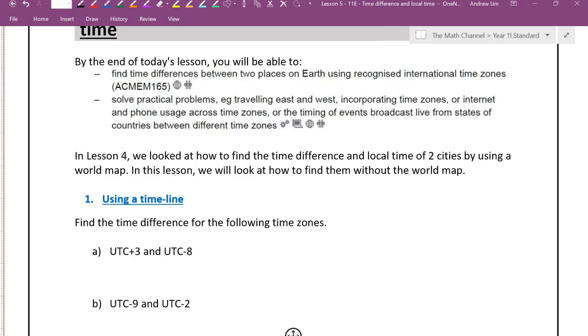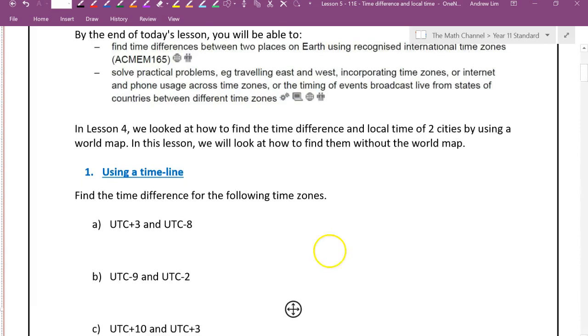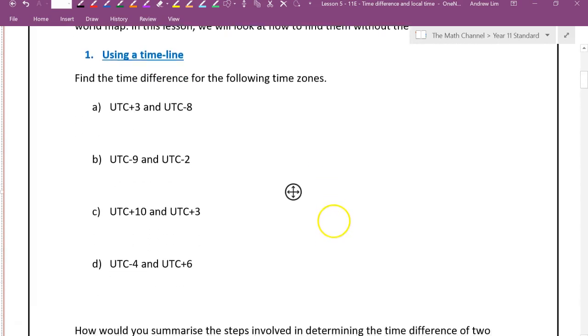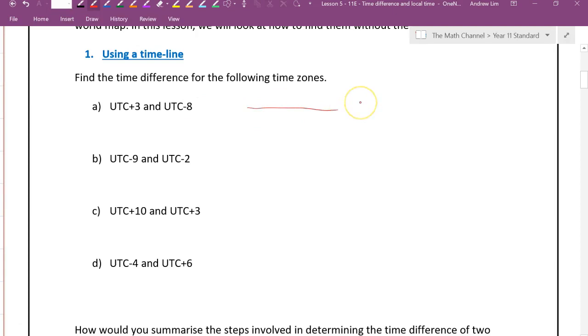In lesson 4, we looked at how to find the time difference and local time of two cities by using a world map. This lesson, we're going to look at how to find them without a world map. This is how I like to teach it, using a timeline or a number line. If we were to construct a number line, where would we see minus 8 compared to positive 3?